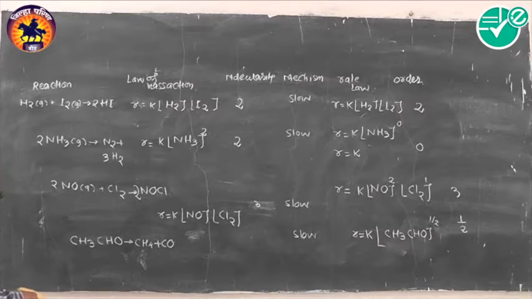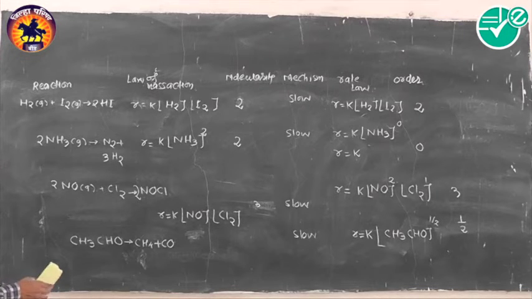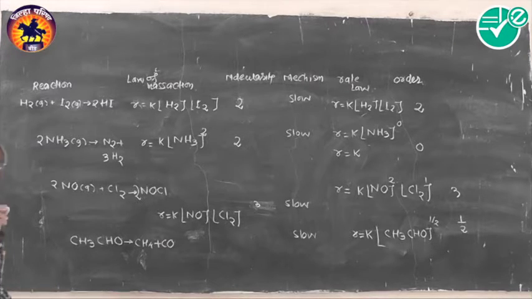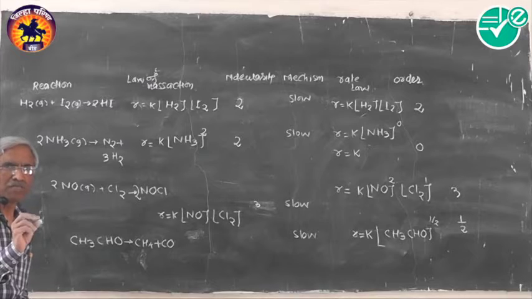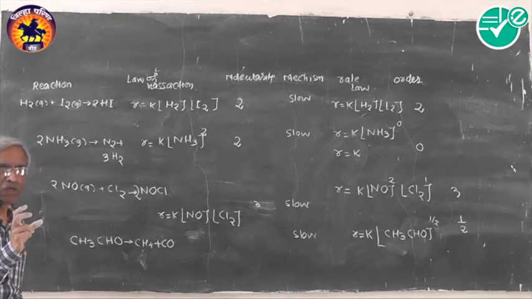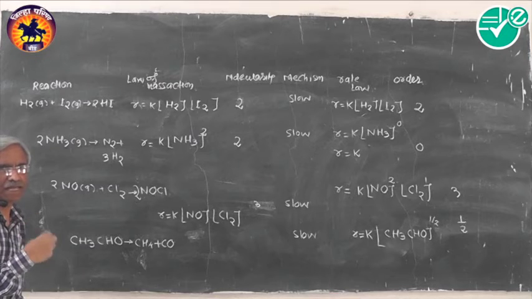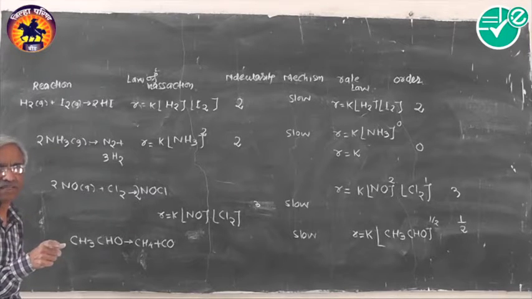Now we are going to one more special type of reaction, and that is called a pseudo first order reaction. The word pseudo means something which looks different, but in experience it is something different.